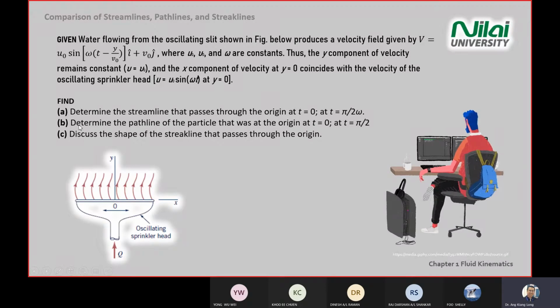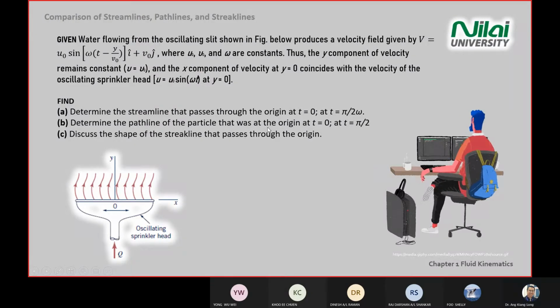And then the second thing you need to find is the path line. There's a way to calculate path line, and we're going to introduce you through this example. Previously, we looked at streamline, but today we're going to show you how to find the path line. Actually, it's quite easy.